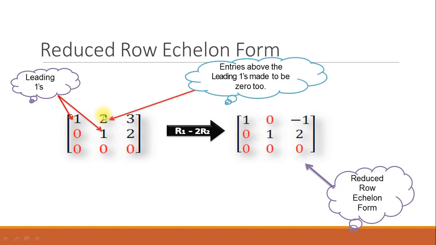To make this number 0, multiply R2 by 2 and then subtract from R1, we get 1 0 minus 1, 0 1 2 and 0 0 0. So this is the reduced echelon form of the matrix.